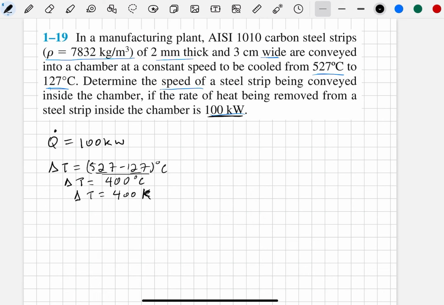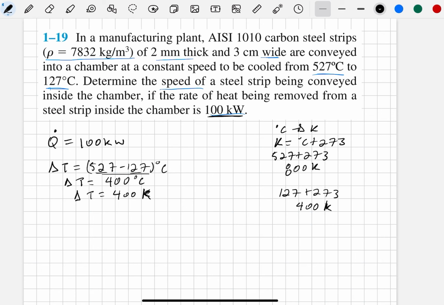I can change this to 400 kelvins, and the reason is because of what we've gone over in class. If we want to go from degrees Celsius to kelvins, we add the same amount to both: 273 to 527 and 273 to 127, and when we subtract them, we still get 400. You know what, maybe I should go over it, which means this video will be a bit longer, which is okay. To go from degrees Celsius to kelvins, I need to add 273.15, so kelvins equals degrees Celsius plus 273.15. I'm just going to leave it as 273 for simplicity. So 527 plus 273 gives me 800 kelvins. Now for 127, 127 plus 273 gives me 400 kelvins.